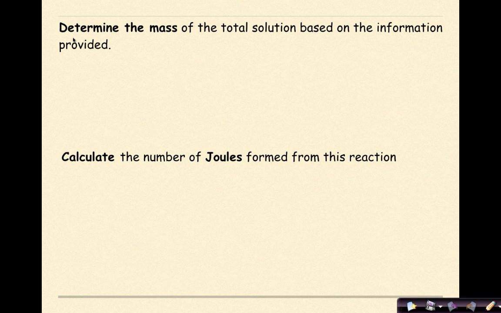Now what I want to do is determine the mass of the total solution based on the information provided. If I look back at my original problem, I have 25 milliliters of AgNO3, and I also have 35 milliliters of my NaCl. So if I add those two volumes together, I will get a total volume of 60 milliliters. Now each of these is 0.2 molar, which means that both of these volumes are primarily water.